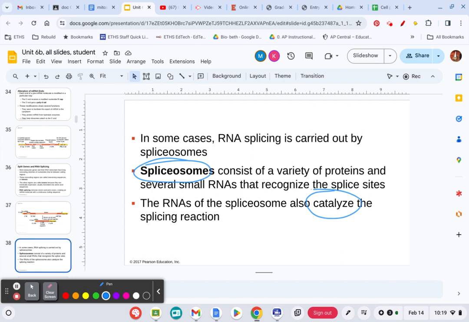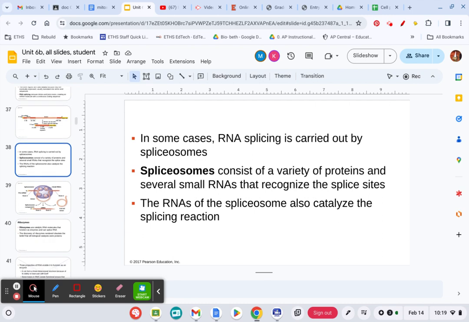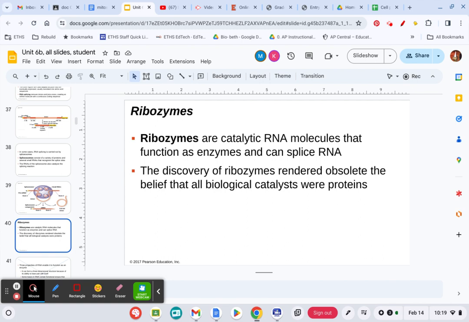So mostly, like, I don't know, 80% of the time, your enzymes are going to be made of protein. But this is a special example where it's not made of protein. It's actually made of RNA instead. And these things are called ribozymes because they function as enzymes would. So they are enzymes. But their job is to cut the RNA and to cut out those introns, those areas that we don't need.